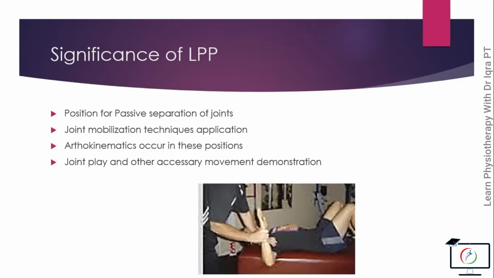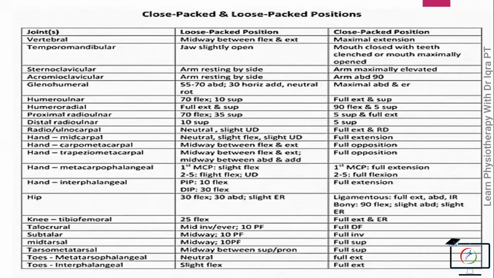Here are the loose back positions and closed back position of few joints. For example, the vertebral joint has a loose back position midway between the flexion and extension, while in maximum extension, the vertebrae have closed back position.